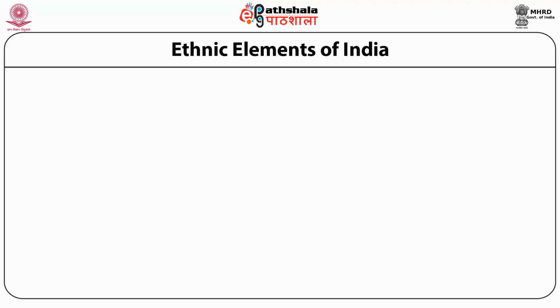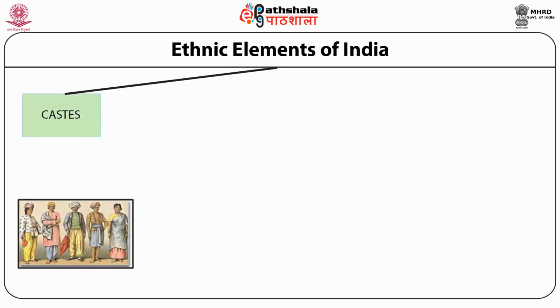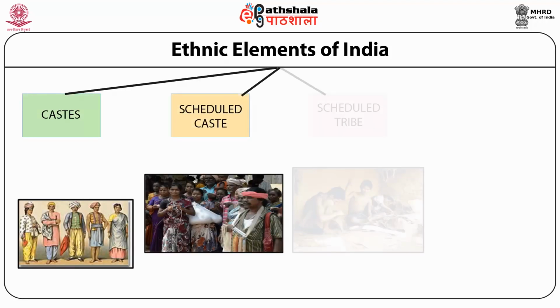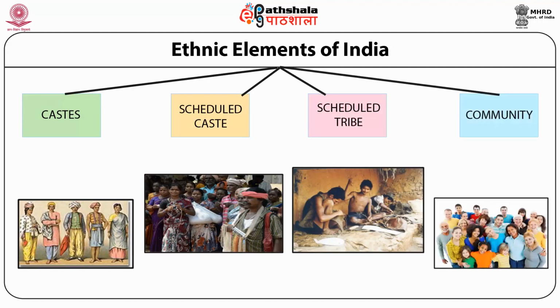Ethnic elements of India. Aggregation of biological and socio-cultural characteristics can be defined as ethnic groups. It comprises caste, scheduled tribe and communities.